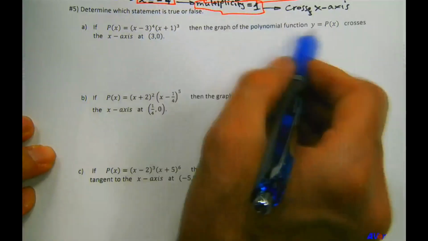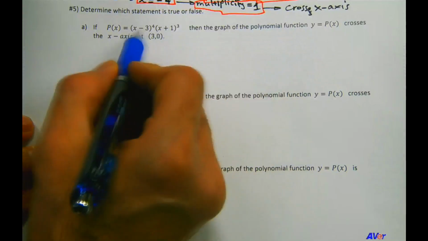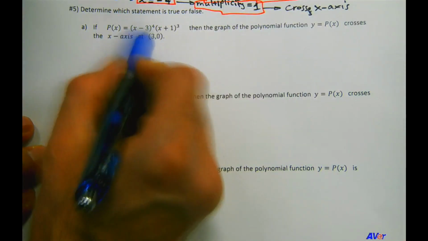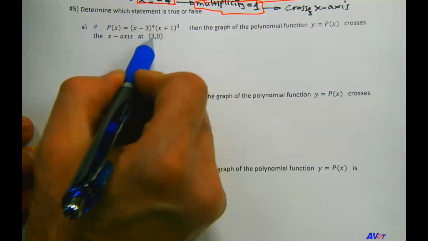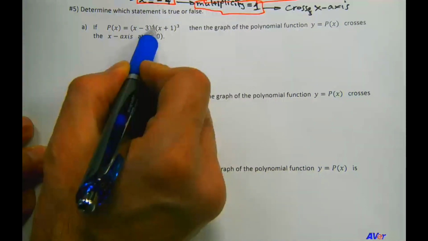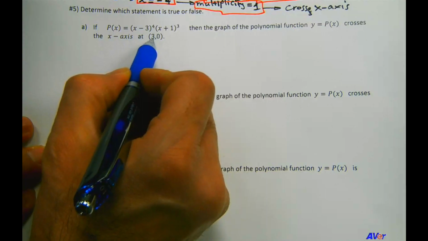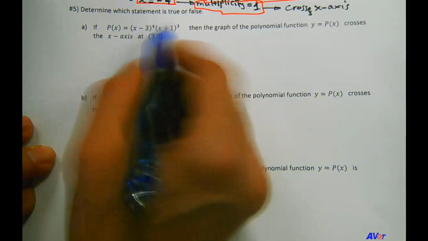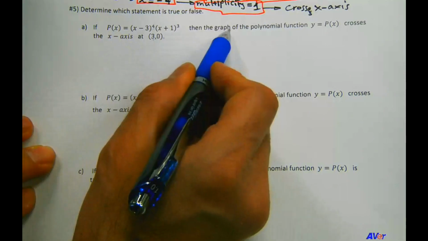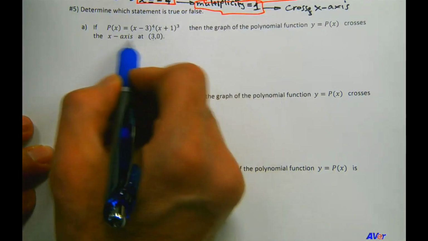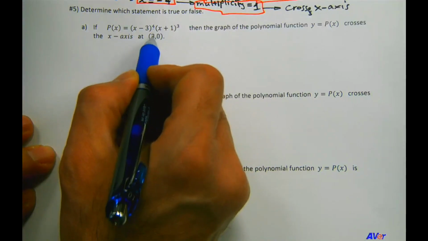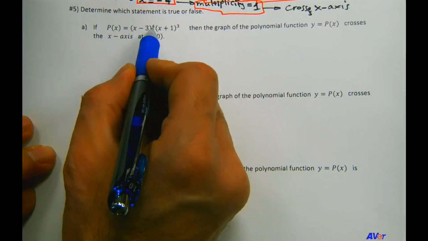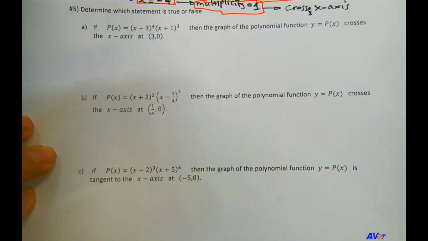So because 3 comma 0 is coming from this factor, and that factor has power 4, which means that 0 has even multiplicity, right? So the graph of the polynomial could not have crossed the x-axis at this point, because this 0 has even multiplicity. So the graph is supposed to touch the x-axis and bounce back to the same side, not cross it.